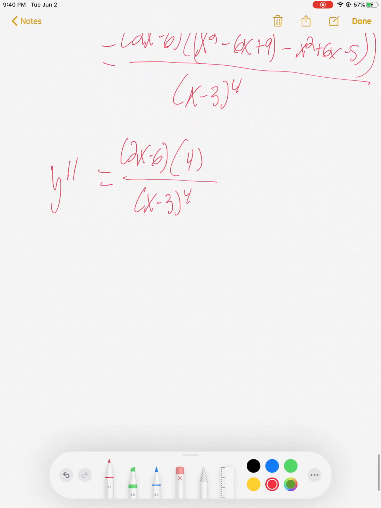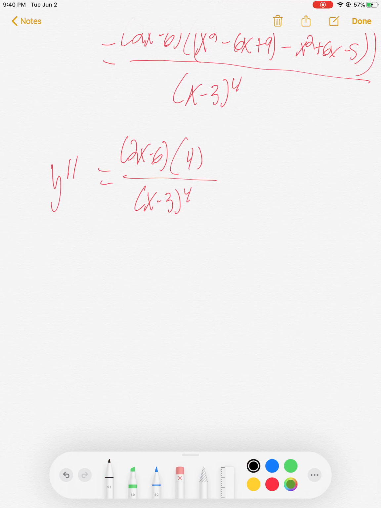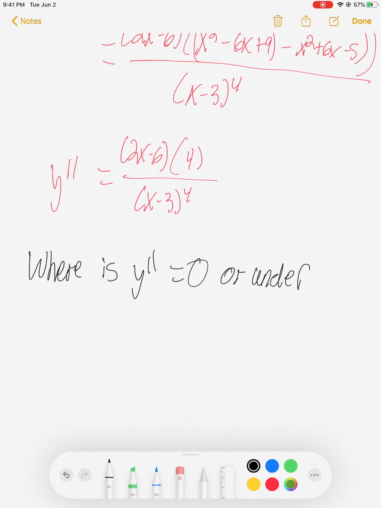Okay, so this becomes 8x. No, let's just leave it as it is. Okay, so this is y double prime. Fantastic. Very good.